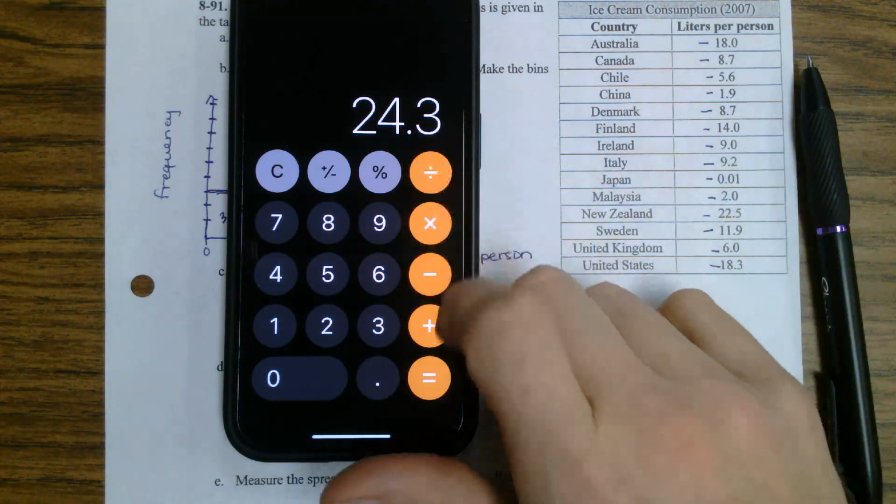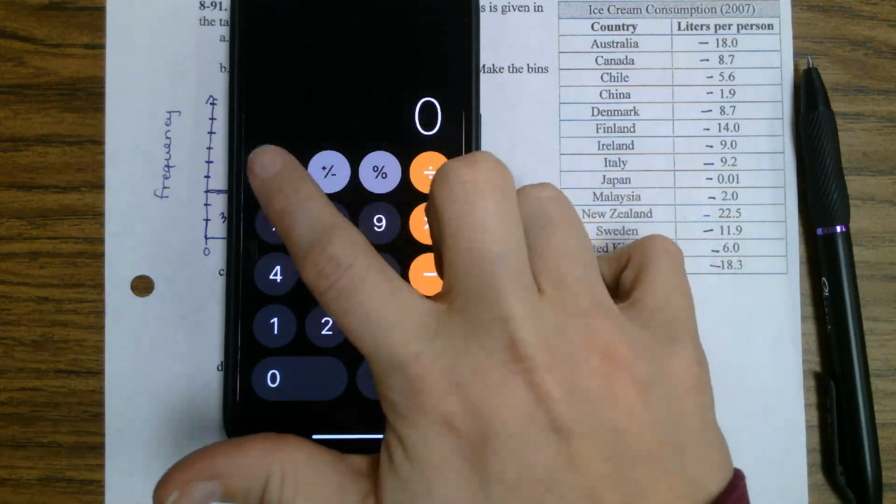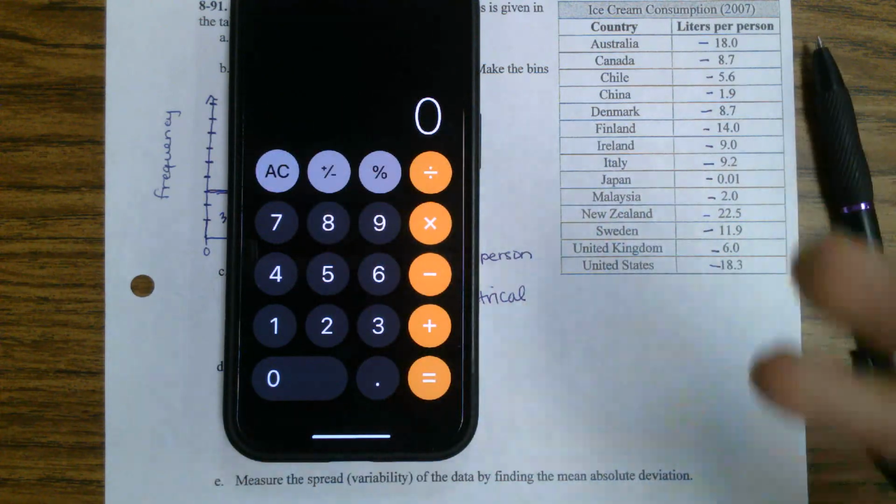I made a mistake somewhere because it shouldn't be that low. So I have to re-add it.